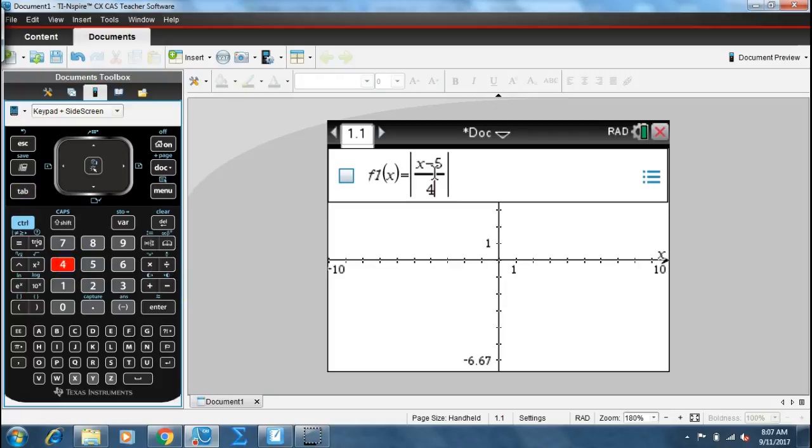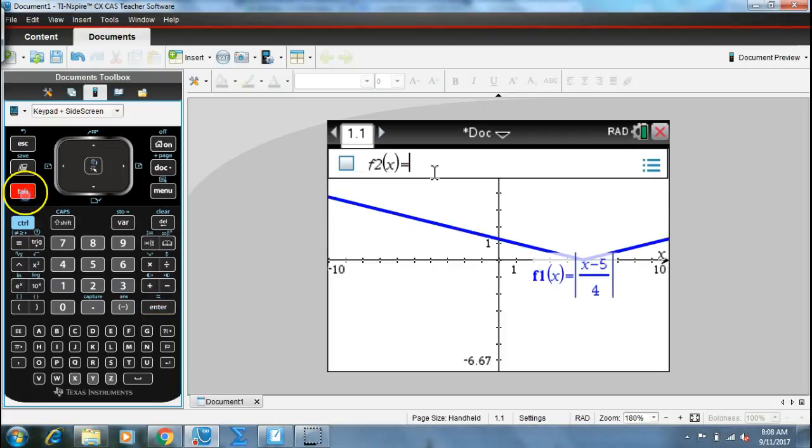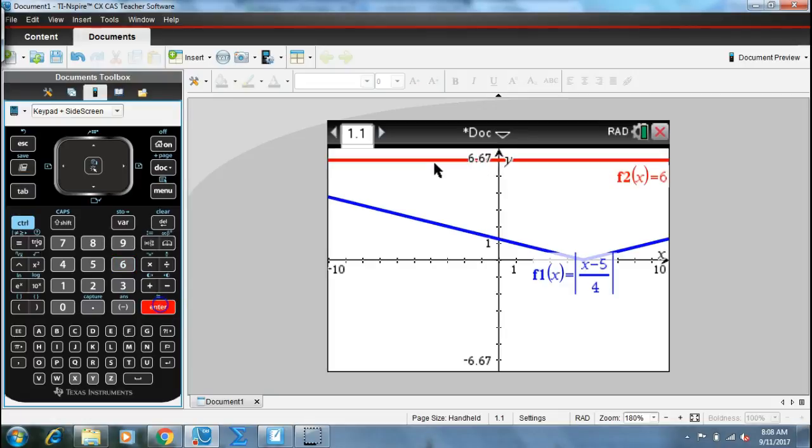Okay, so there's that one. Okay, and then my other one is 6. There's that one. So it looks like I'm going to have to zoom out.